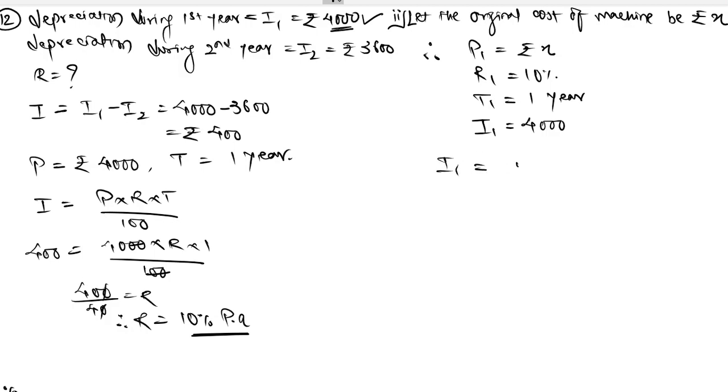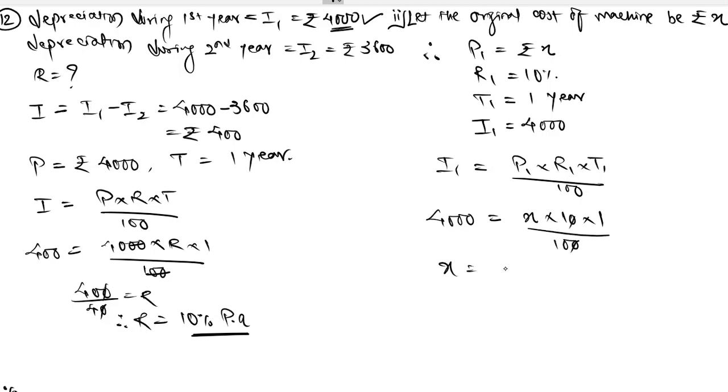I1 is equal to P1 into R1 into T1 upon 100. So 4000 is equal to X into 10 into 1 upon 100. So X is equal to 4000 into 10.